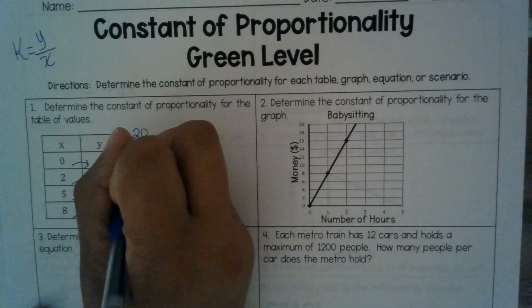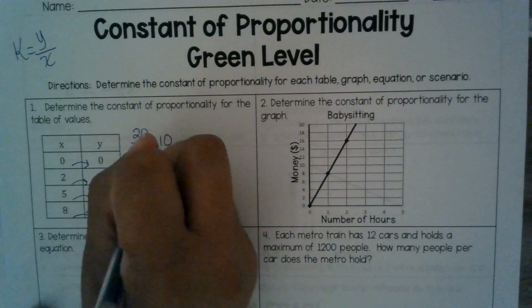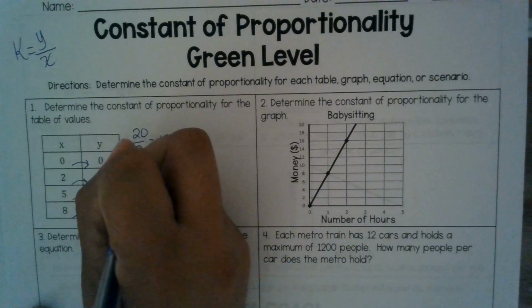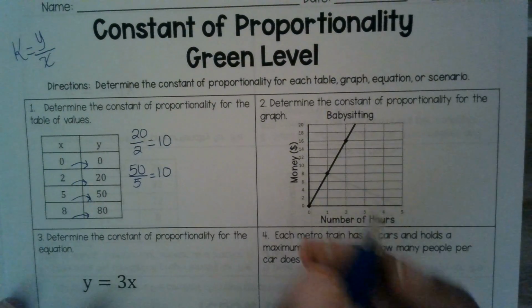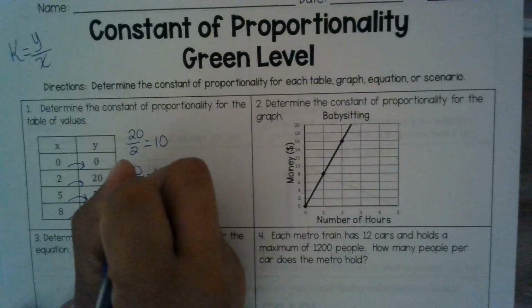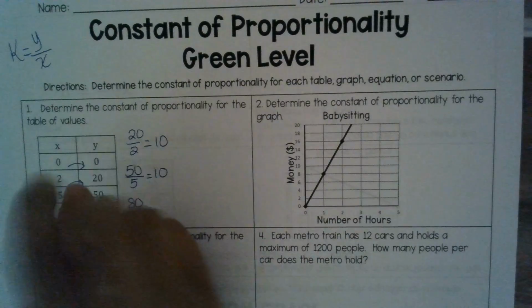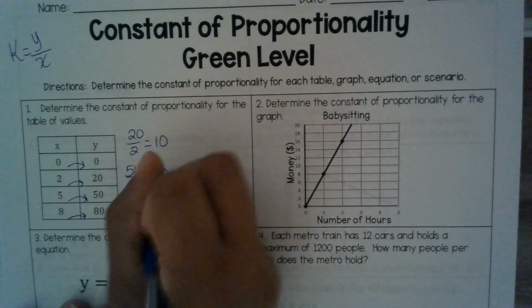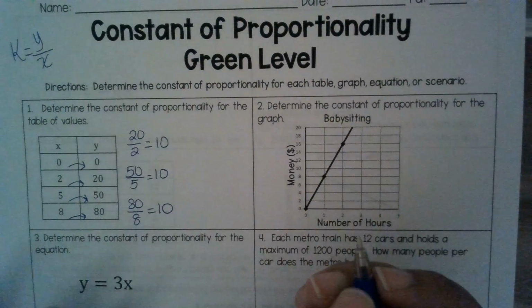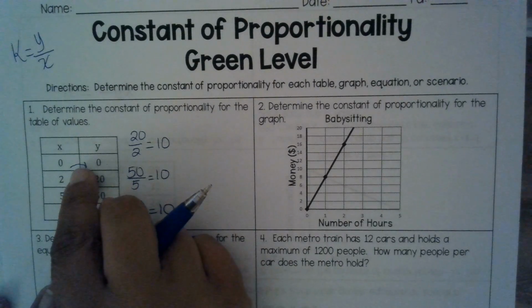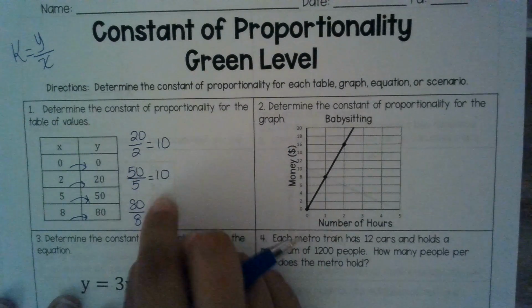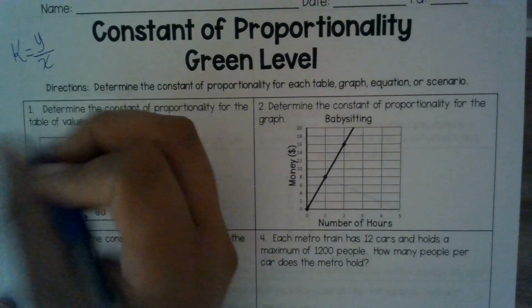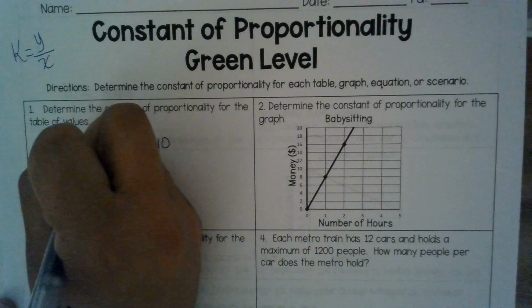Let me try the next one, see if I get the same number. I got to do 50 divided by 5. Again, I got 10 again. Okay. So let me do the last one. Let me do 80 and divide that number by 8. And what do you know? You get 10. So that means, what would you think this number will be if all of the other ones gave me 10? 10.